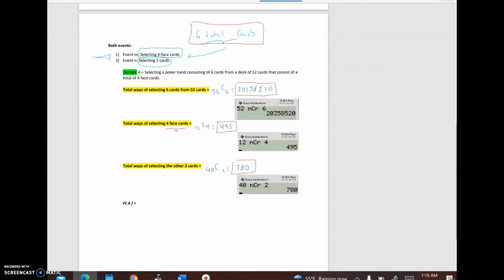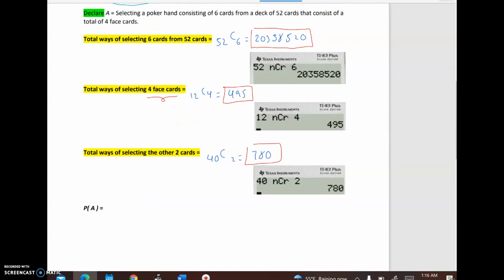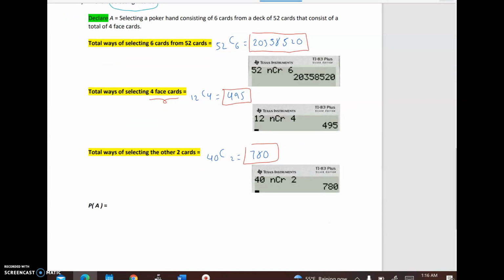Now, the next calculation is crucial because of the way they worded the problem: you have to have the main requirement of the 4 face cards. So in the background, what we have is the Eminent Rule. By the Eminent Rule, we're going to have the following.